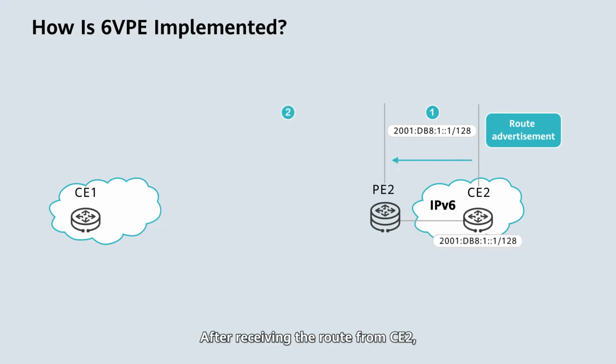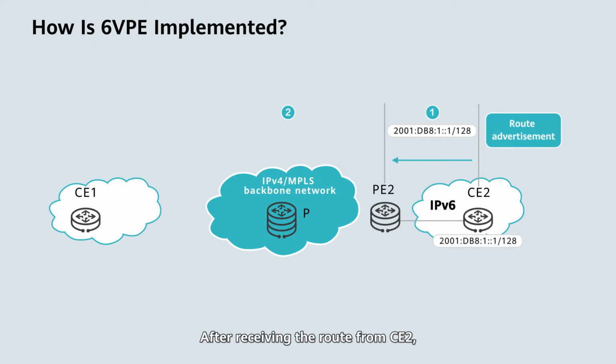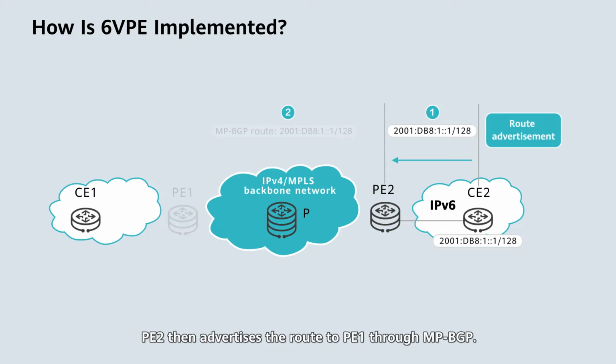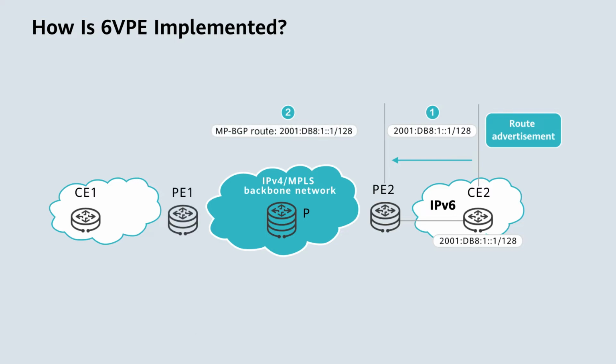Step 2. After receiving the route from CE2, PE2 adds an RD prefix to the route to convert it into a VPN IPv6 route. PE2 then advertises the route to PE1 through MP-BGP.